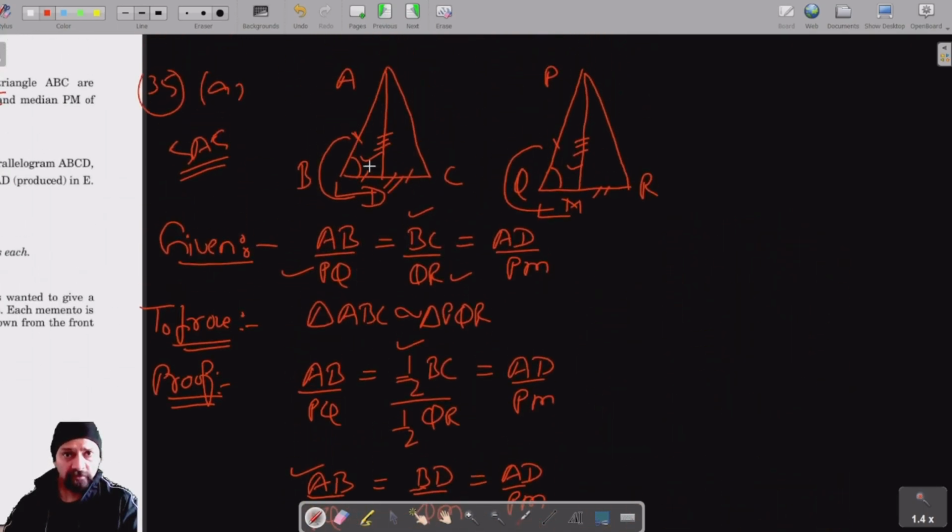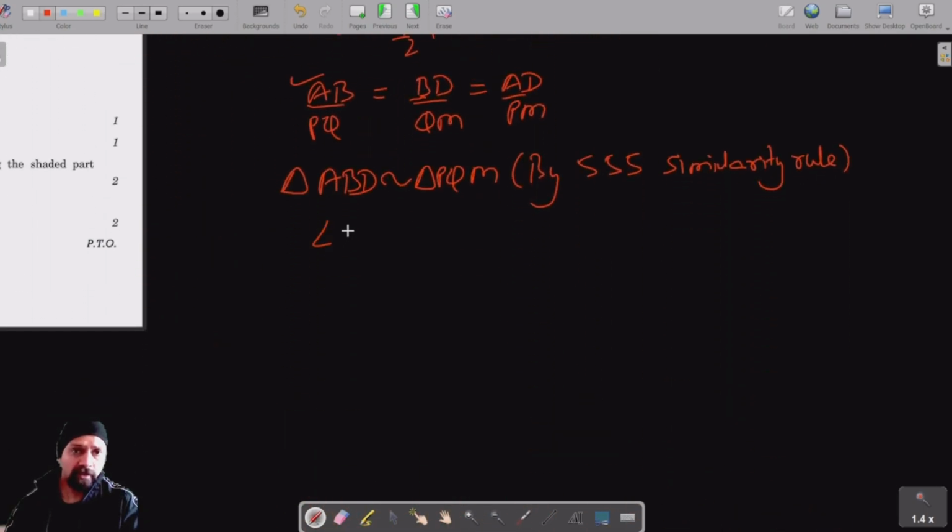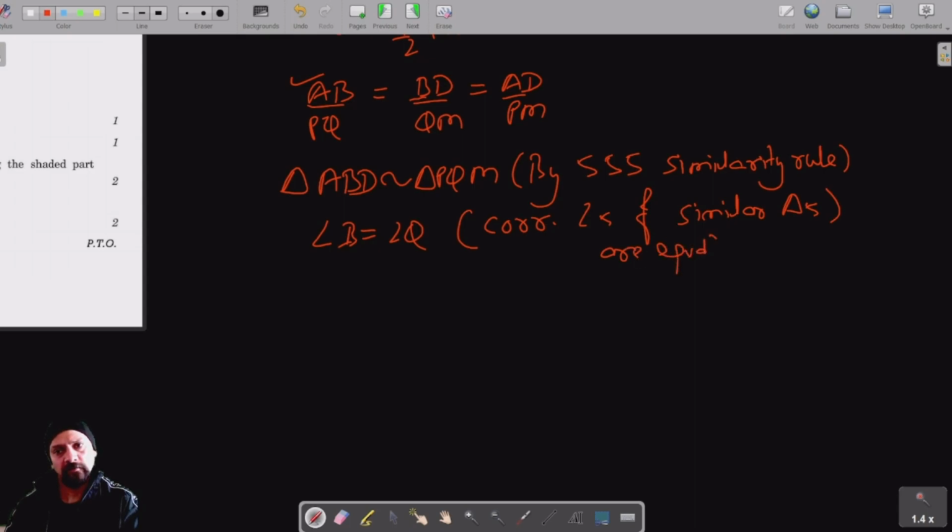Okay, if these triangles are similar, that means angle B is equal to angle Q. So angle B is equal to angle Q, and the reason being, corresponding angles of similar triangles are equal.